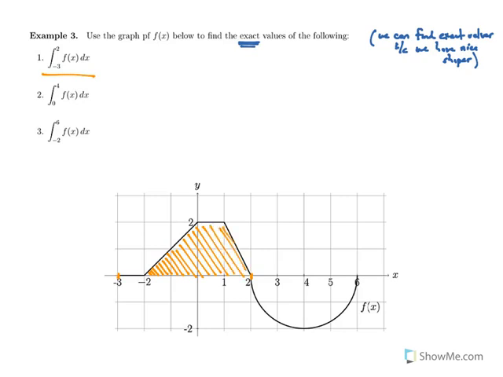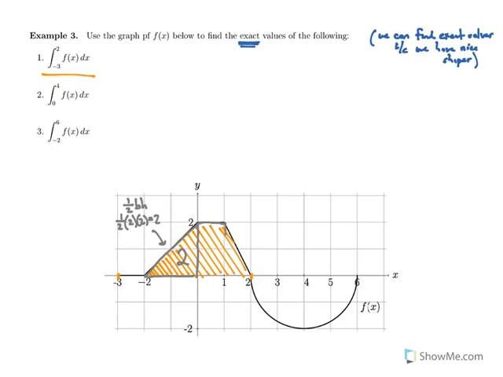And maybe I can break it up into manageable pieces. We have this one triangle here. Area of this triangle is going to be 1/2 base times height. That's going to be 1/2 times 2 times 2, which is 2.